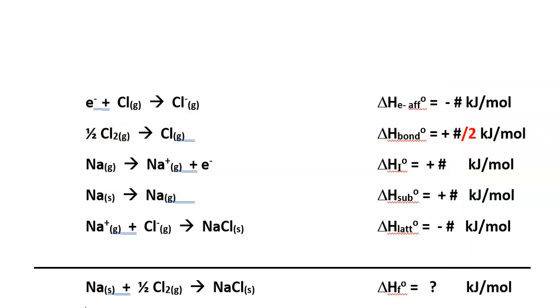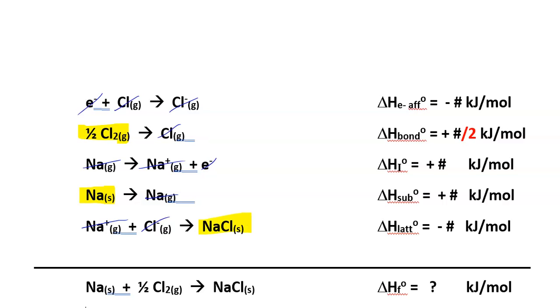So now let's see if it all cancels out. The chloride, the one electron, and the one sodium gaseous ion with the one sodium gaseous ion, the sodium gas atom cancels out, leaving you with a sodium solid, a half a chlorine molecule, and a sodium chloride.